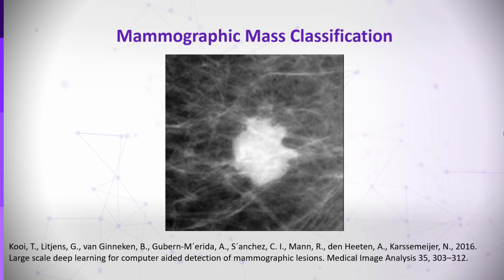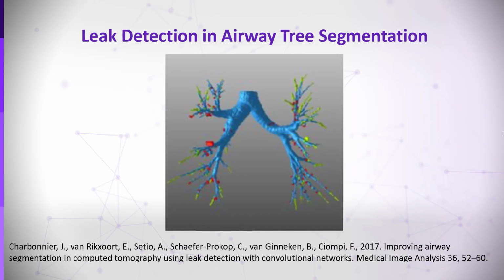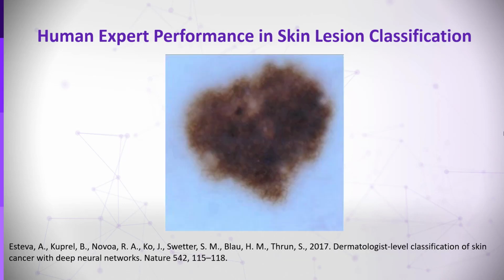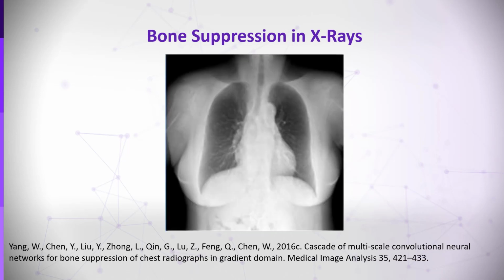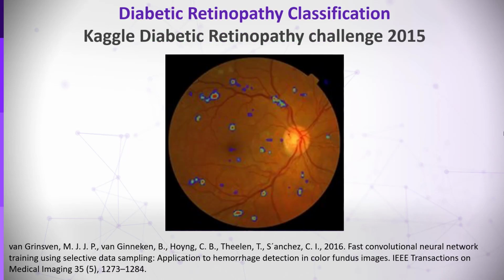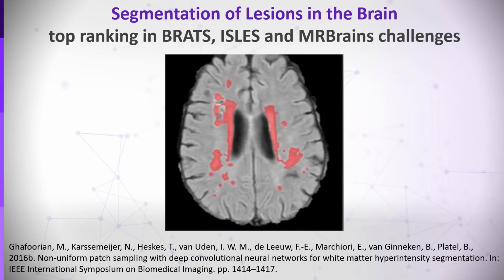Deep learning is used for mammographic mass classification, as you can see in this paper. Also, leak detection in AOA tree segmentation. It reached human expert performance in skin lesion classification. It's good for bone suppression in X-rays, for diabetic retinopathy classification. In this case, it also won the Kaggle Diabetic Retinopathy Challenge in 2015. And what about segmentation of lesions in the brain?